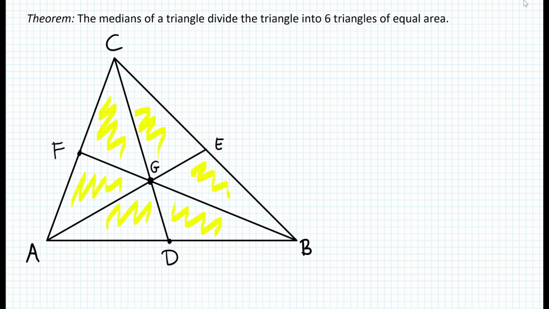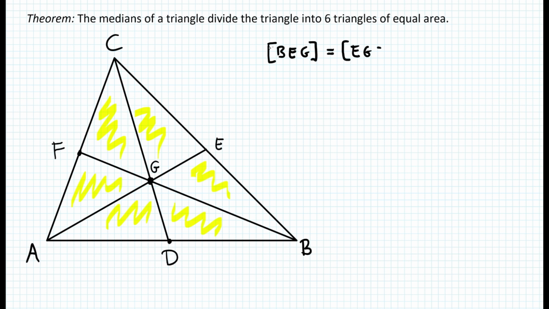For example, let's consider area, let's call it BEG. Usually areas are denoted in square brackets, so we're talking about this area over here. Here we're saying that, for example, that is equal to area EGC.